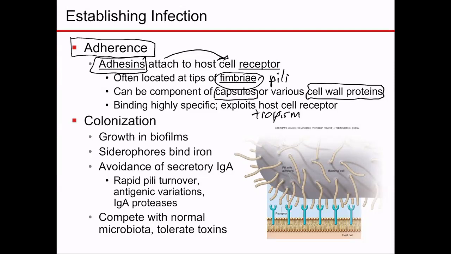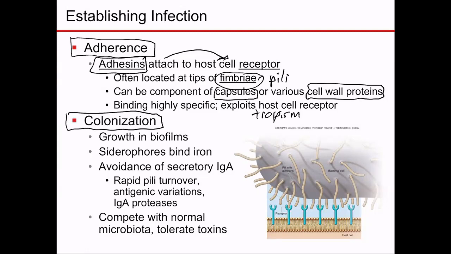Now, the other thing is the whole process of colonization. Now that the pathogen arrived to the site, it has to establish itself there, and it has to establish in an environment that is going to be hostile to that pathogen. It's not going to be easy. Remember that we have right there the innate immunity, the adaptive immunity.